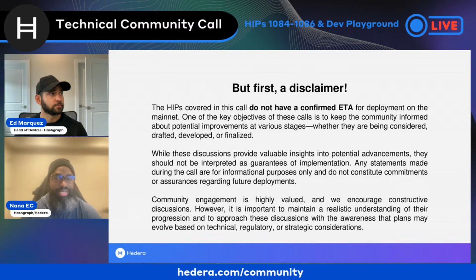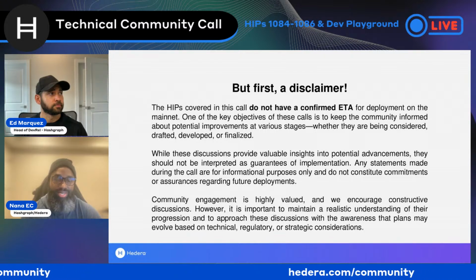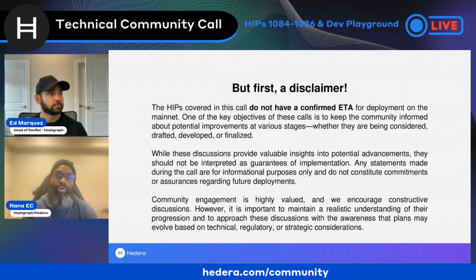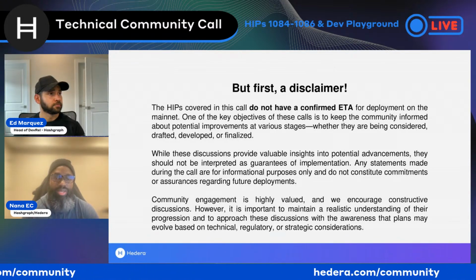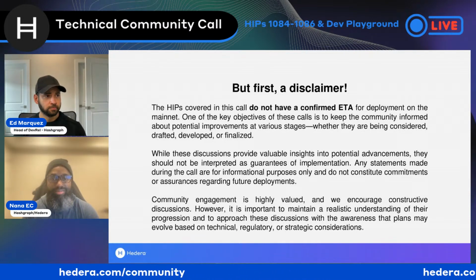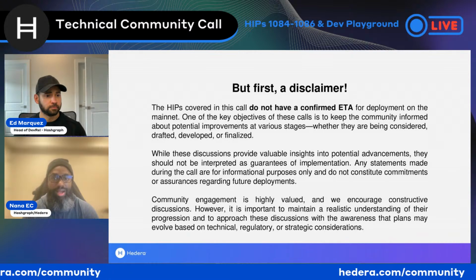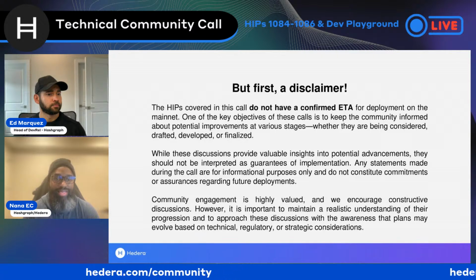I do want to give a disclaimer that everything I'm about to share might not come in the final form that I'm suggesting. The nature of open source is that there's a lot of democratic processes that ensure that improvements to the network consider everybody on the call, depending on your use cases, whether it's financial, gaming, DeFi, etc. What that might mean is that the suggestion that I'm sharing, though good, may not be the best one at the end of the day, right?